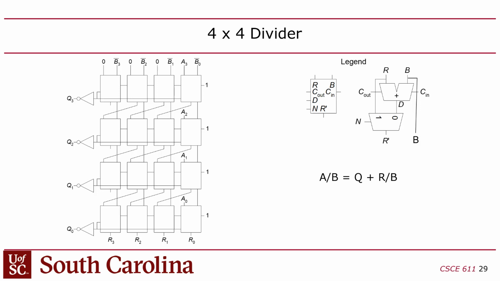So whether you're passing down the difference, the subtracted value, or the original value, because you restored it with this mux, these diagonal wires are going to shift left. Meanwhile, A2, which is the next to most significant bit of A, is going to work its way in. It's going to sneak in here. It's going to get shifted in, right? And then A1 and A0, right? So basically, you just take these differences and you keep shifting them down.